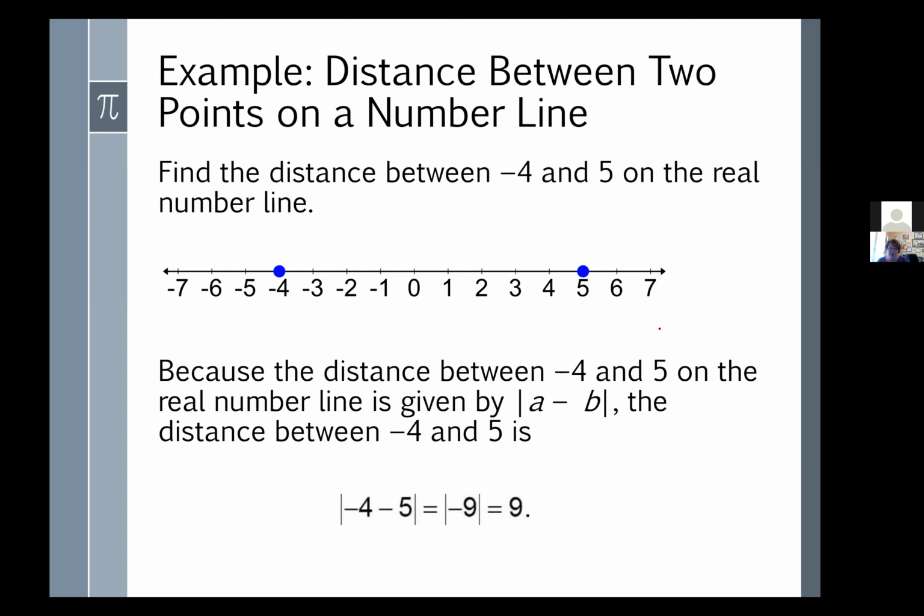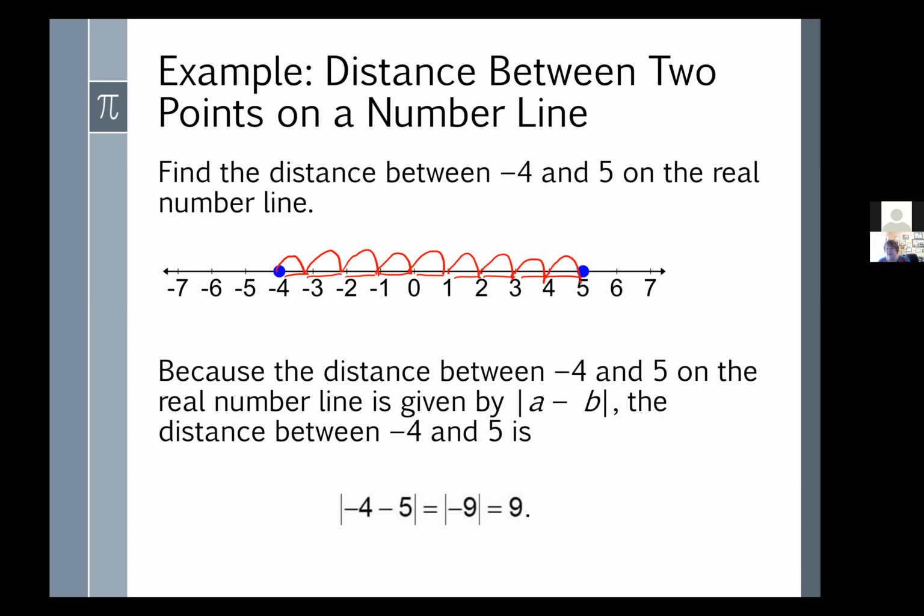You could certainly do this by plotting the 2 points and then just counting the distance between them. Well, how many units is that? Well, there's 1, 2, 3, 4, 5, 6, 7, 8, 9 units between -4 and 5. So to get from -4 to 5, I have to move not 4 units, but 9 units on the number line.